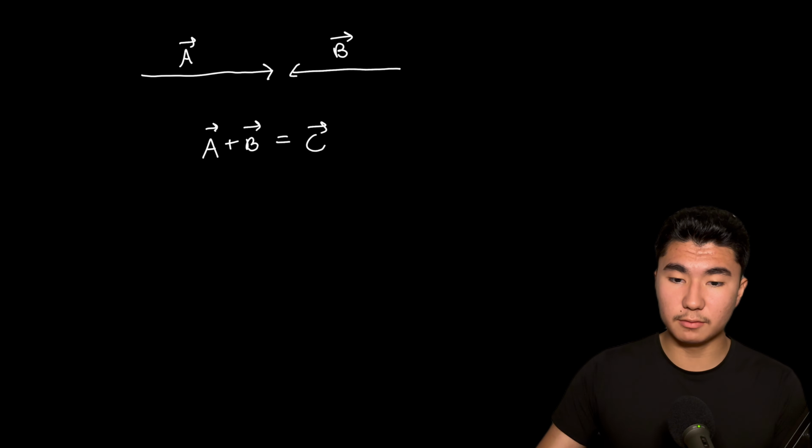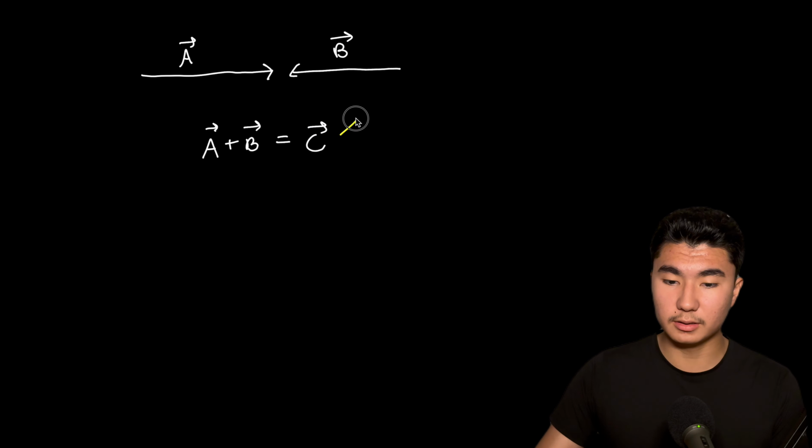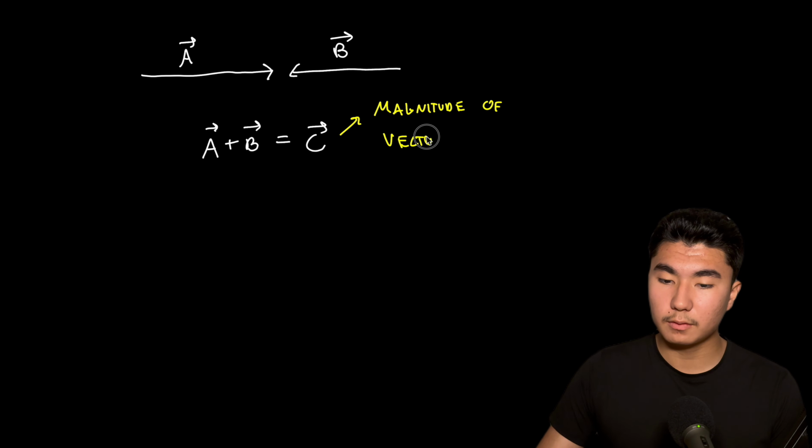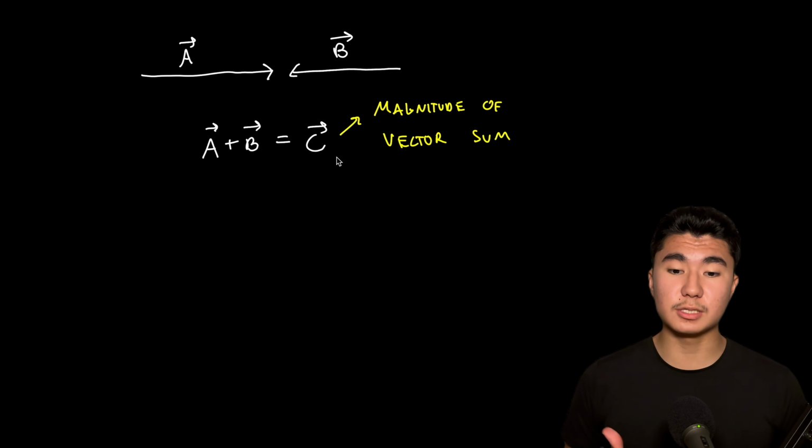So this C over here is going to be the magnitude of our vector sum, and it's going to equal pretty much all the vectors we have.